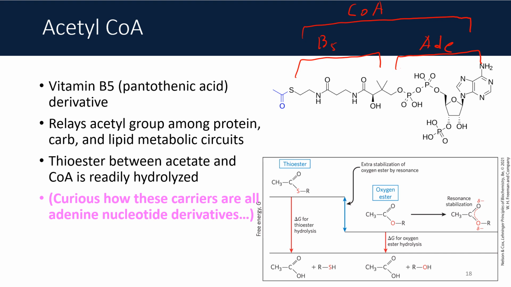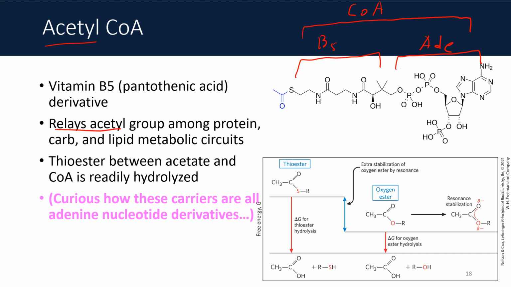And coenzyme A basically chaperones whatever it's attached to across different metabolic circuits in the cell. And of course, in the case of acetyl-CoA, its job is to relay the 2-carbon acetyl group across protein, carbohydrate, and lipid metabolic pathways.